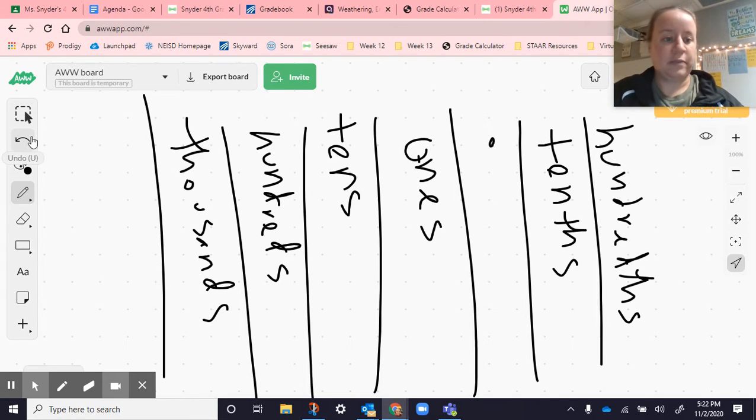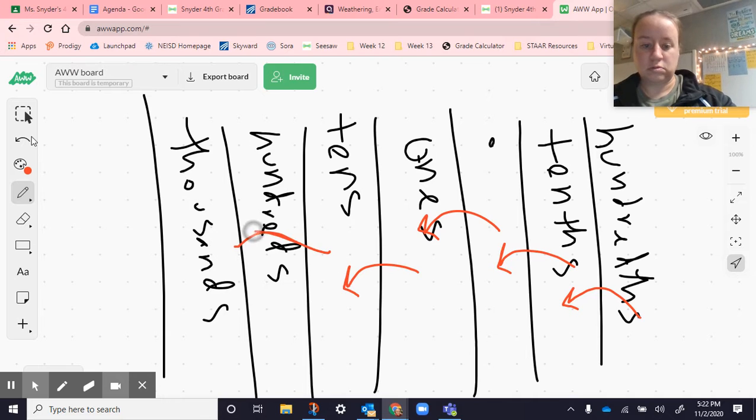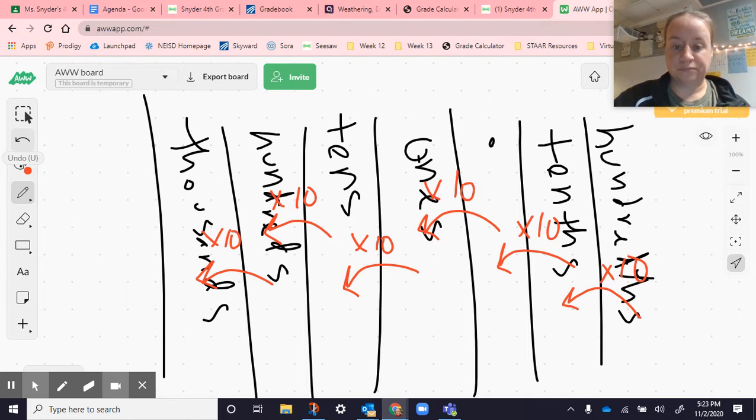We talked about how this is the exact same as a whole number. Every time we move to the left, we're moving times 10. So the values to the left are times 10 the values to the right.